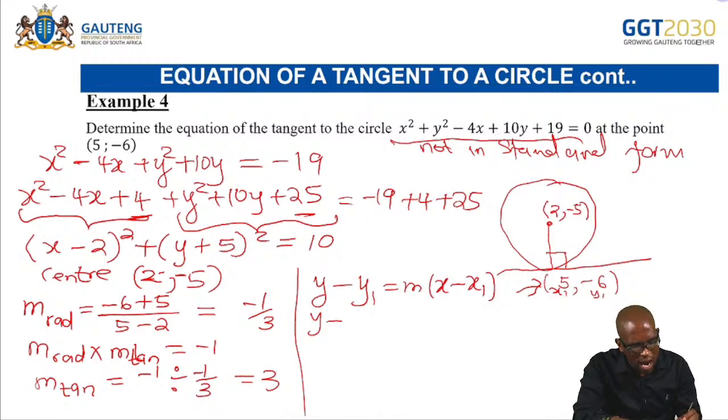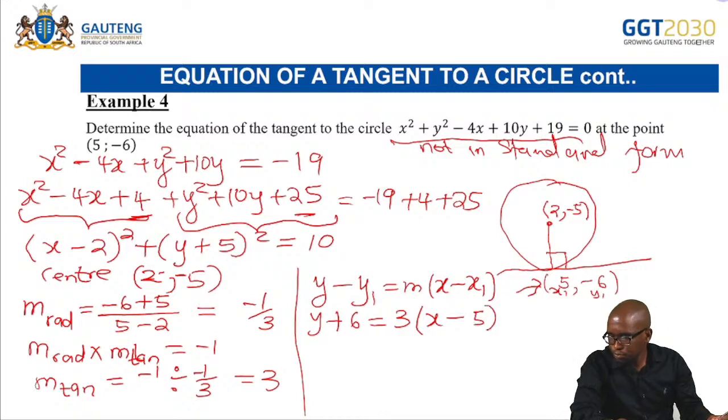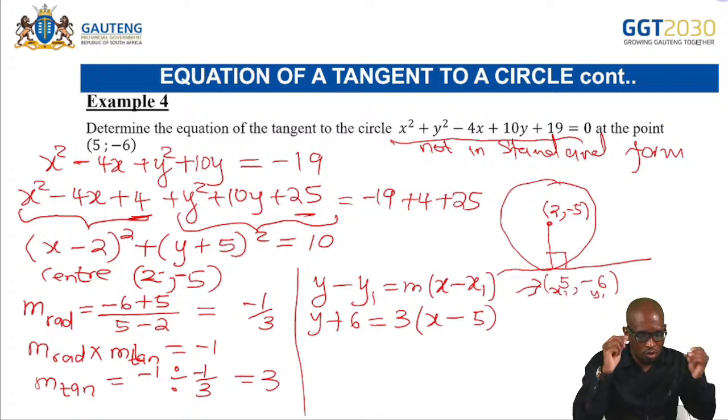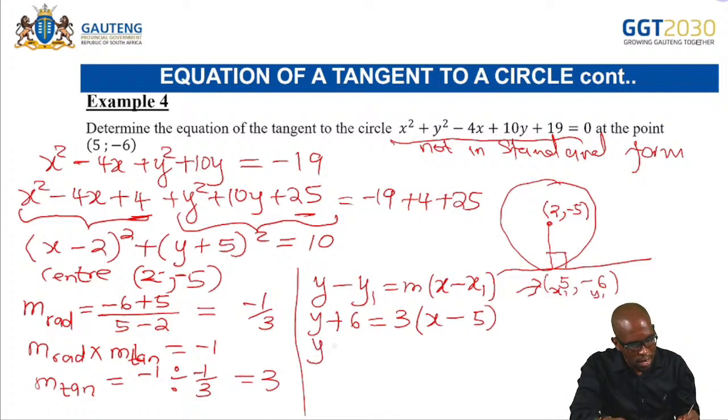So we have y minus minus 6. That would be y plus 6 is equal to the gradient, which is 3, into x minus x1. x1 in this case is given by 5. Now, if we simplify this, we apply the distributive law to distribute the 3 on the right hand side into the bracket.